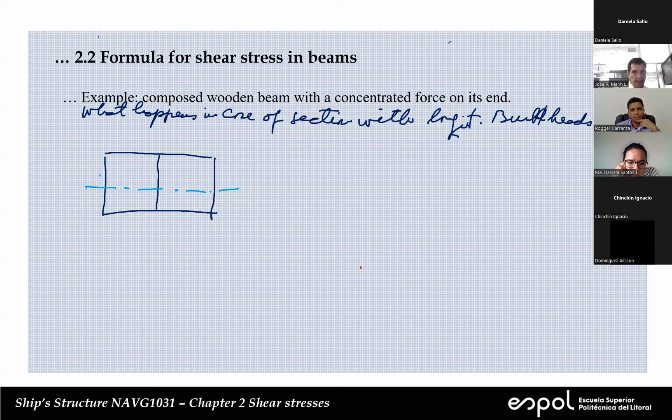So we put it positive here. And similarly, because we have symmetry here. What happens in the longitudinal bulkhead? Well, if we have a positive shear force, we expect it to be also pointing upward. Question, can we assume that it is the same as in the sides of the ship?